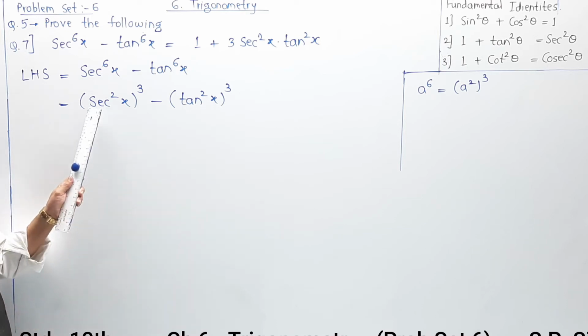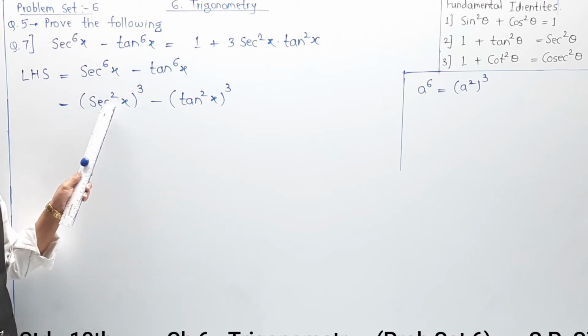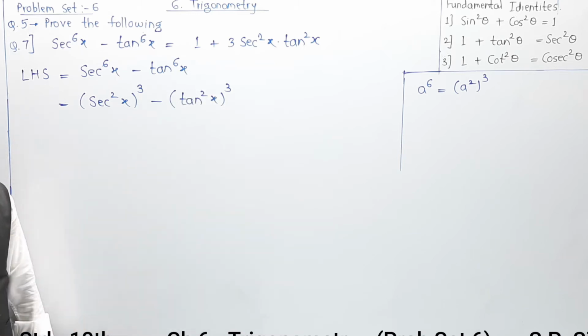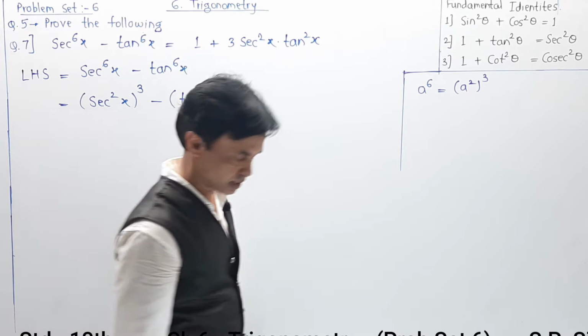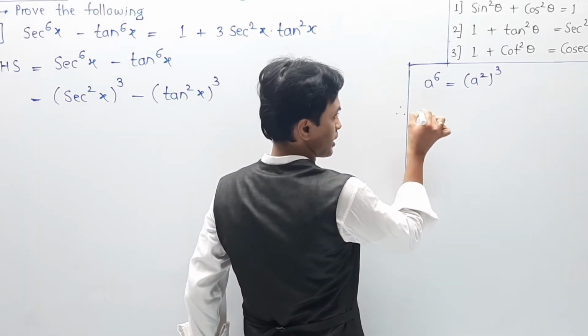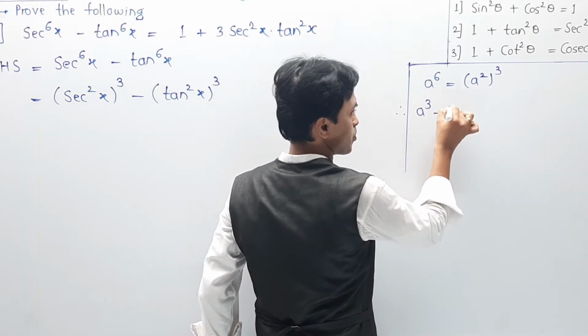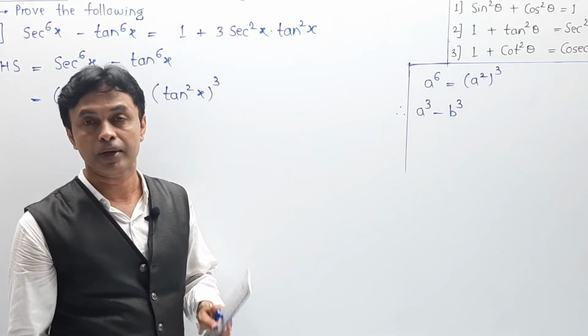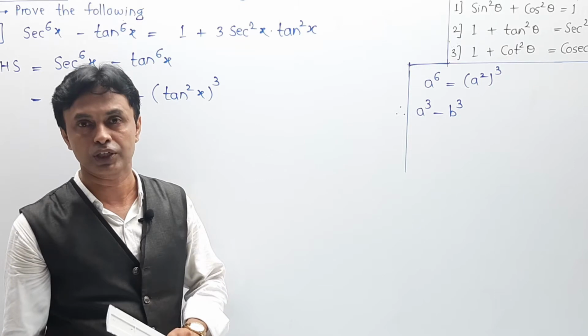Now second, if I consider this unit as a cube minus this unit as b cube, the second part is cubical factorization. If I write a factor like a cube minus b cube, then depending upon that, the numerical can be solved by 2 or 3 methods.